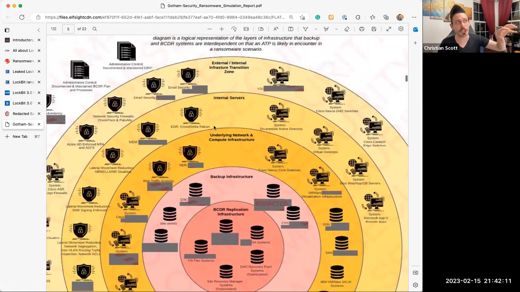So if a malicious actor really wants to commit a full-scale ransomware attack, where they're able to not just disrupt operations but destroy the backups and the integrity of the backups, they've got to go through all these components, all these different layers of the defense in depth posture that exist. You know what I mean? But again, a lot of times when we do these tabletop exercises, someone will say, hey, yeah, we've got all the best backups in the world, don't we?